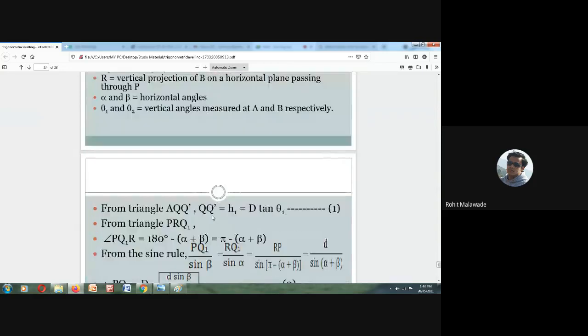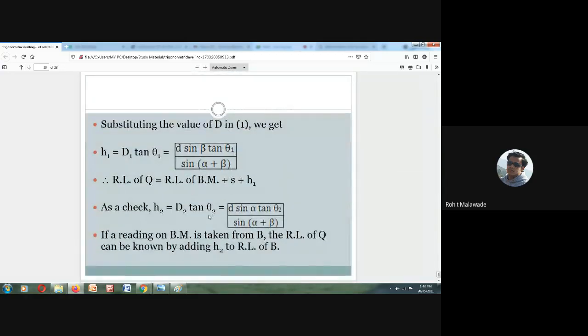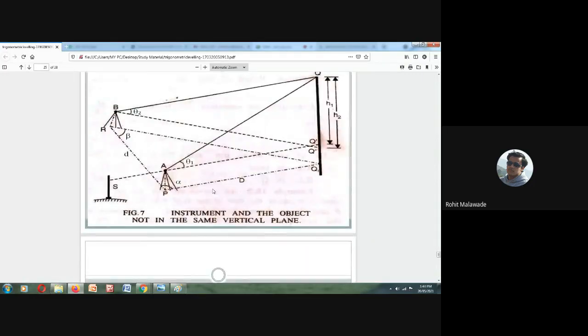We will be determining this H1 by using the formula D tan theta 1. Here, this is your D and tan theta 1, the vertical angle. By using this, we are going to find out this H1.